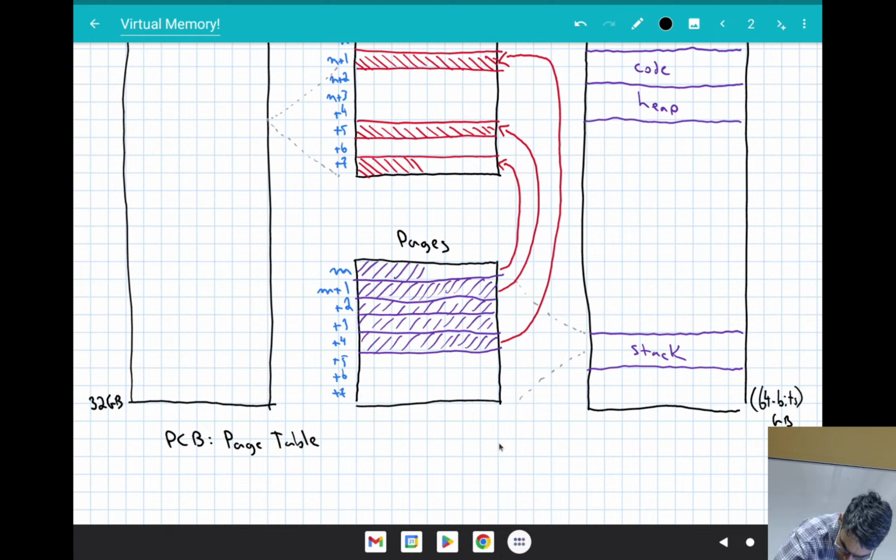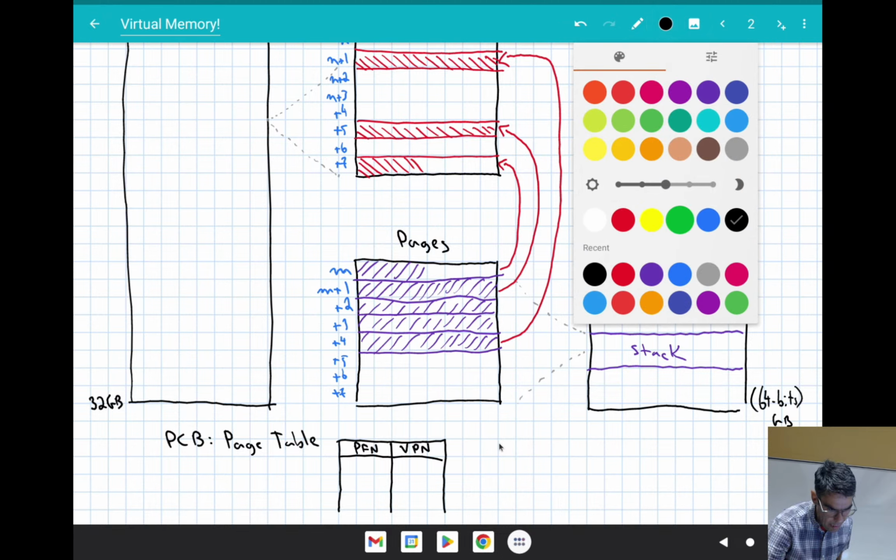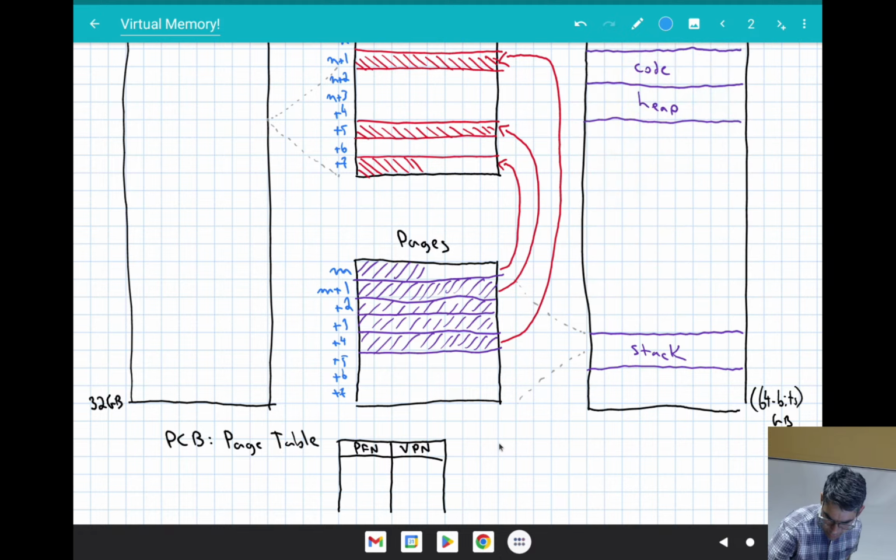So in the case that we've got here, we're going to have a table that looks kind of like this. I've got physical frame numbers and virtual page numbers.